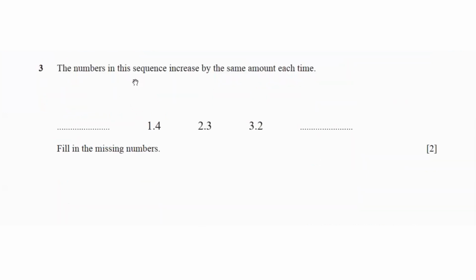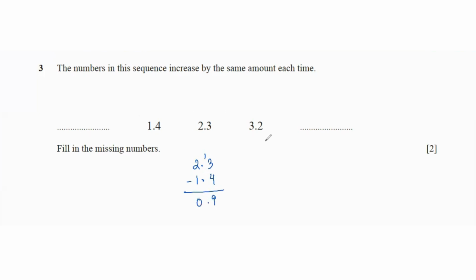Question 3 says the numbers in this sequence increase by the same amount each time. Fill in the missing numbers. So if they're increasing by the same amount each time, that means we find the difference between two consecutive terms. So if we find the difference between 2.3 and 1.4, we get 0.9.